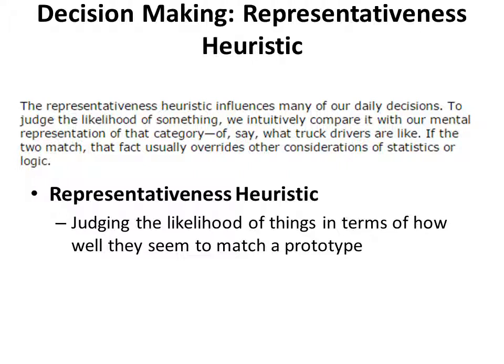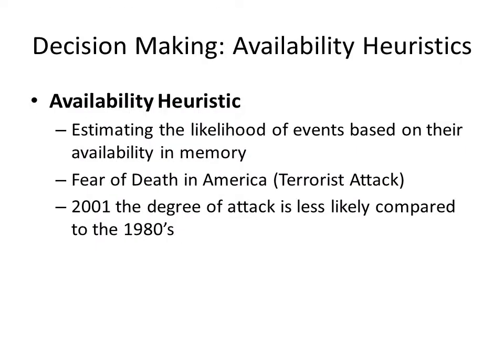You might think truck drivers probably don't read poetry and aren't short and slim, and that the university professor fits those qualities better, so you might be influenced in your decision by the ideas you have in your head. Representative heuristics judge the likelihood of things in terms of how well they match the prototype. So that's something that can be a problem for decision making.